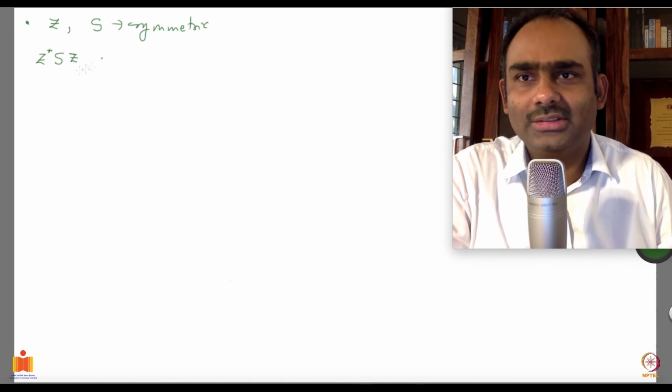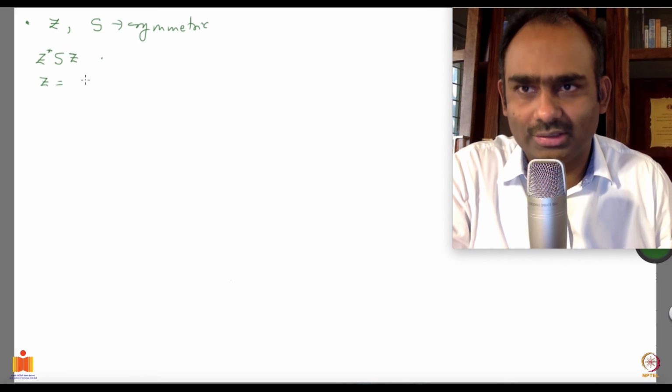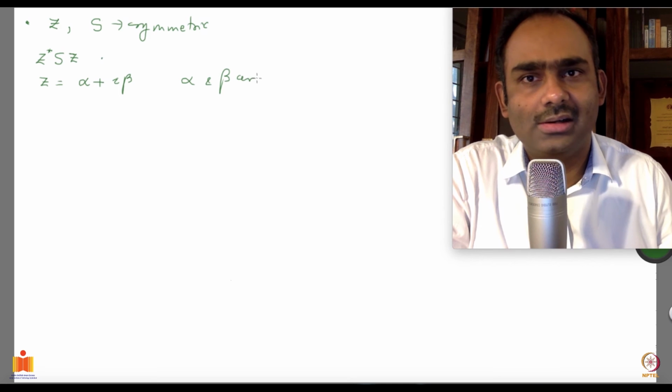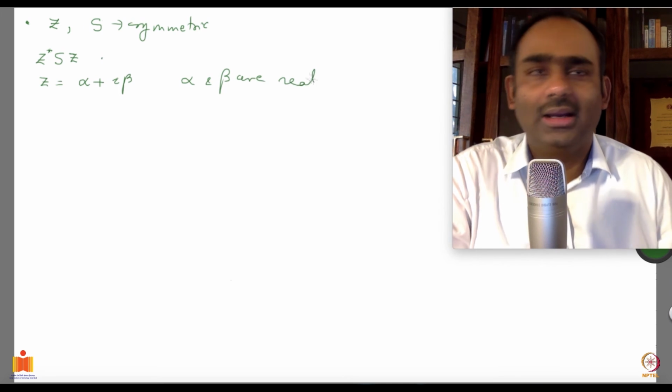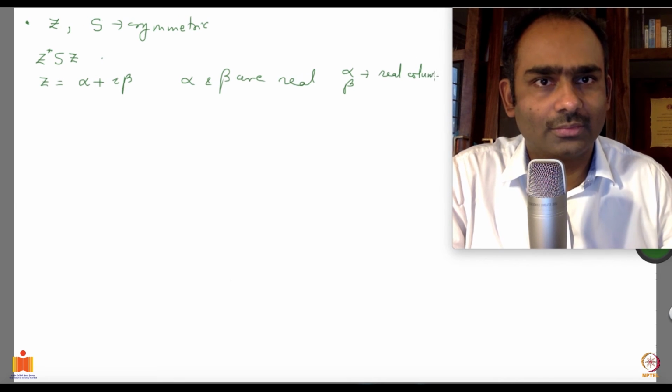The first thing I do is write Z in terms of real quantities. So let's say the column Z can be written as alpha plus i beta, where alpha and beta are real column vectors.